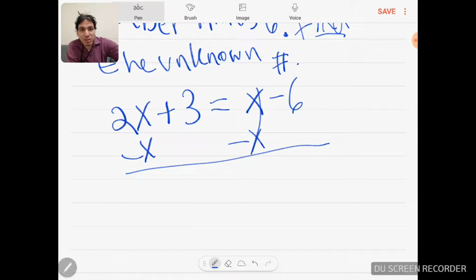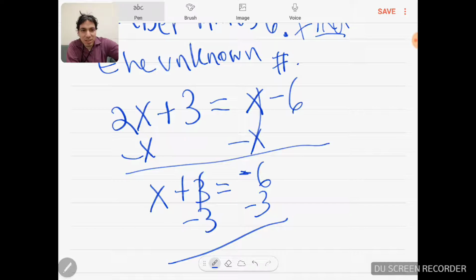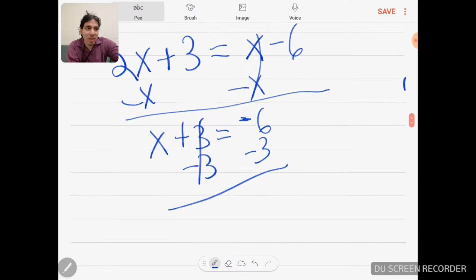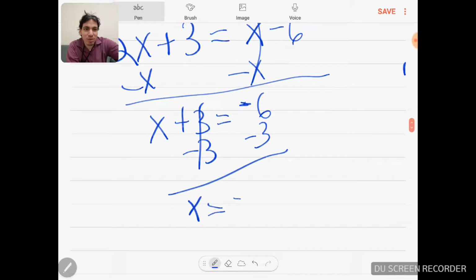So 2x minus x will give me just x, plus 3 equals negative 6. And then I'm going to subtract 3 on both sides. 3's cancel. And so x is going to be equal to negative 9 as my answer for this problem.